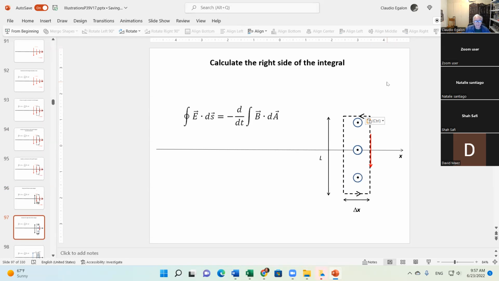So we are rotating the direction of the magnetic field. Let's do that. This is a small delta X. Because the delta X is very small, we can say that the magnetic field is roughly uniform throughout this region.